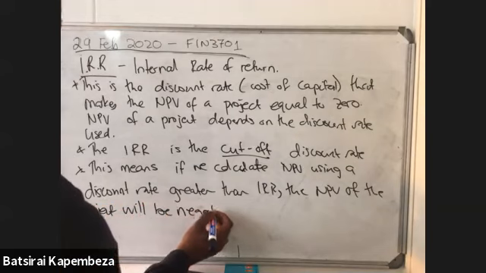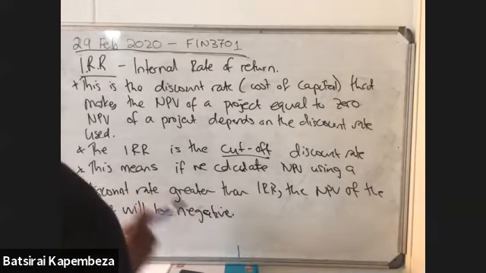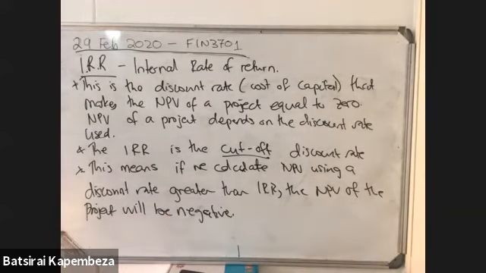And the opposite is true. Like I said, if we calculate NPV using a discount rate less than the IRR, then the NPV of the project will be positive. So we can use the internal rate of return to easily make a decision as to whether or not to invest in a project, right?